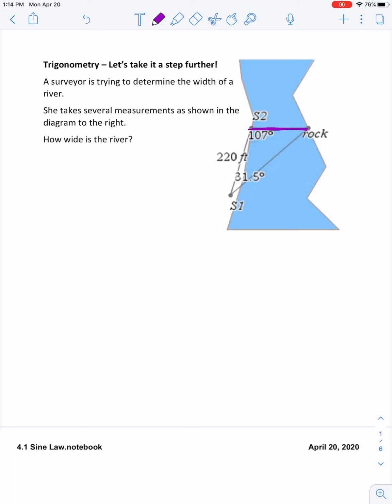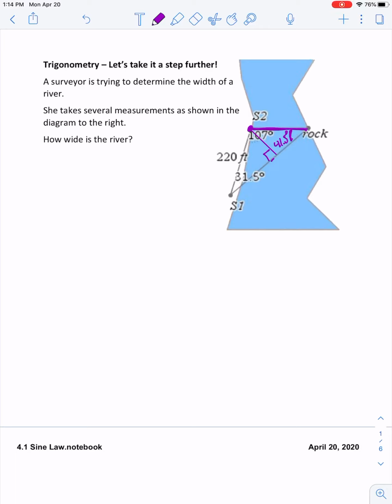We do definitely know that this angle right here has to be 41.5 degrees. So that's 180 minus 107 minus 31.5. It is a triangle, so its angles add up to 180. And I'm going to drop a perpendicular, also known as an altitude, from this vertex here down to this side.